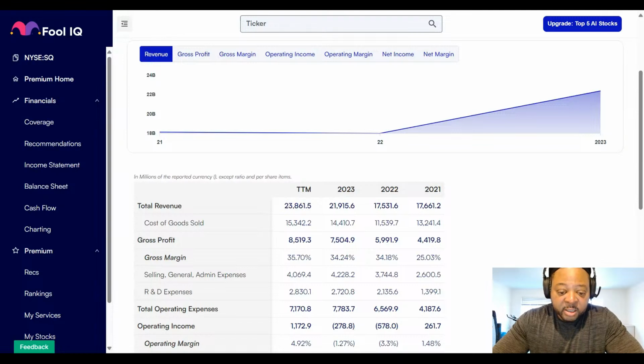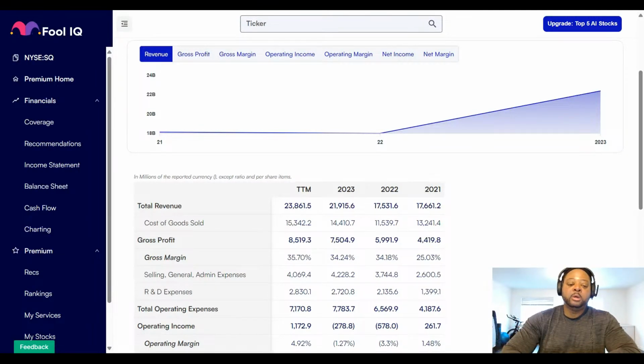Gross profit, you know, that's how much the company profited. So they could have made revenue, but after expenses like cost of goods, right? So this is the gross profit, and I think that this is the total revenue minus cost of goods sold equals gross profit. Let me just make sure. Let me do the math. 23,861,500 minus 15 million 342.2 equals that.